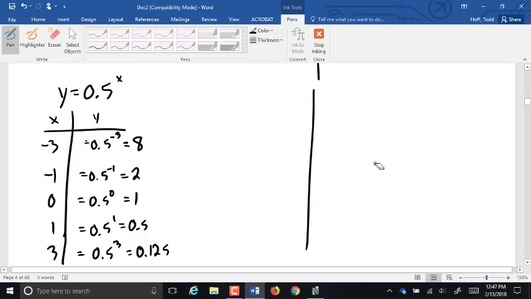Now we see here that our graph goes very differently here. At -3, we're at +8. At -1, we're at +2. 0, of course, is still 1.